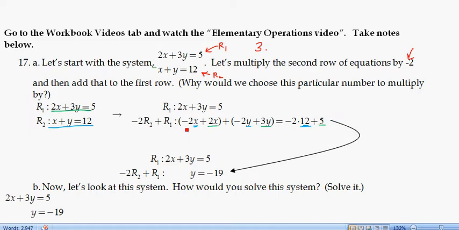So as expected, the x term is eliminated. So what we get here is 0x plus 1y equals -19. Okay, and so now we've changed the system from these two equations to row 1 staying the same, but now row 2 is just y equals -19.